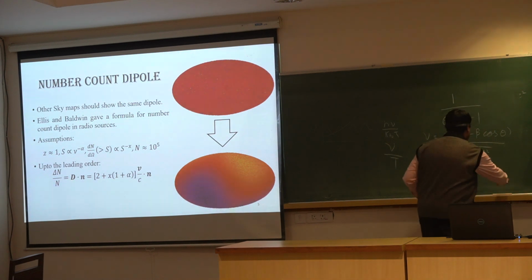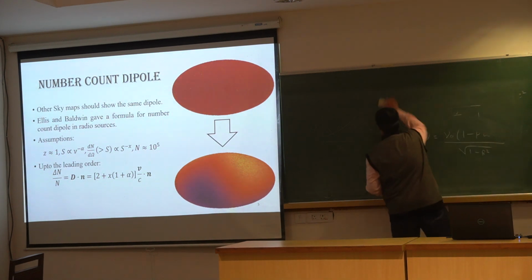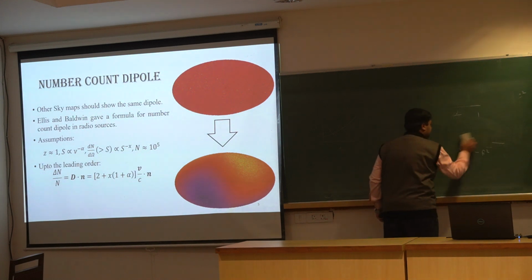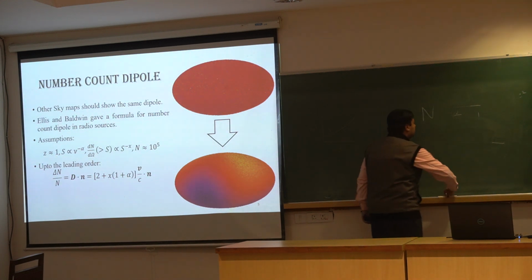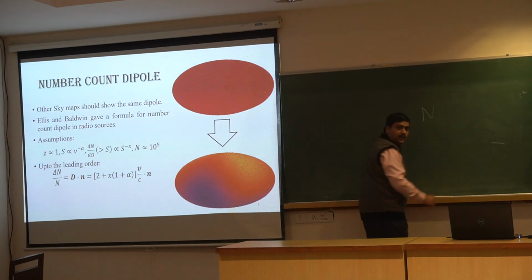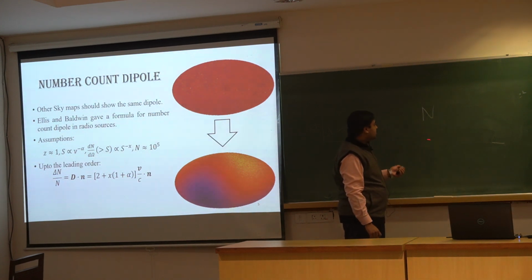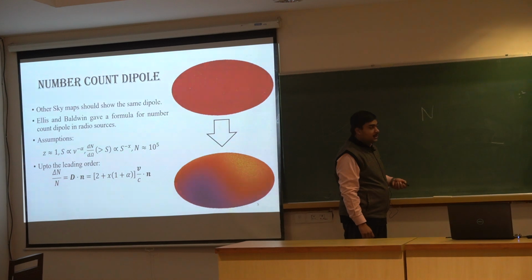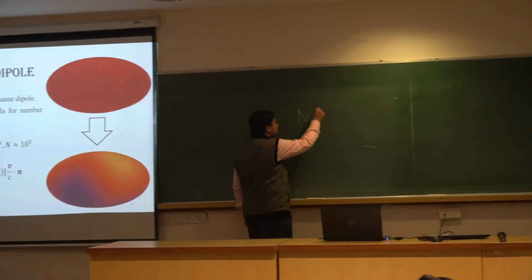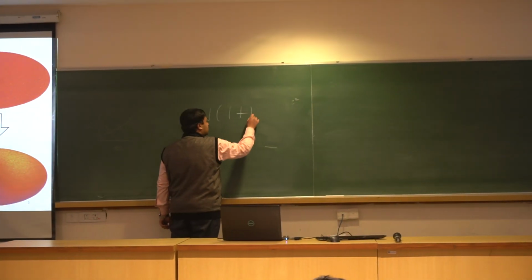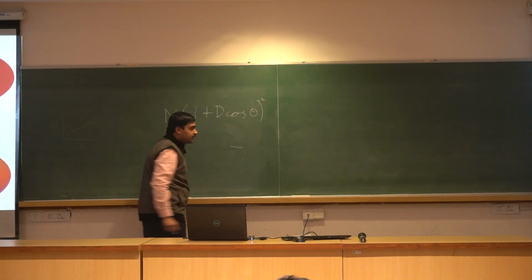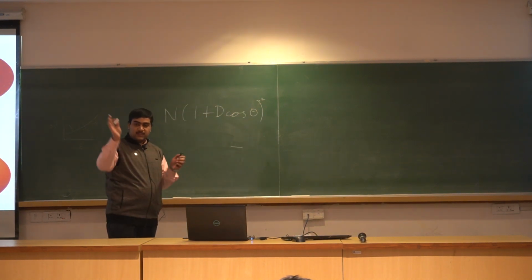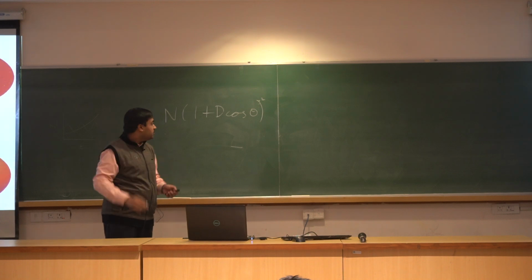So if you initially have a number density n, so let's say there were n number of sources in a patch of sky, then due to this kind of modulation, it will become n times 1 plus D cos theta. Here theta is your angle between the observed direction and the direction of your motion.